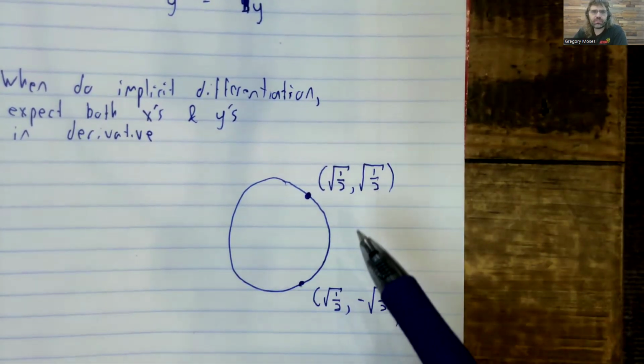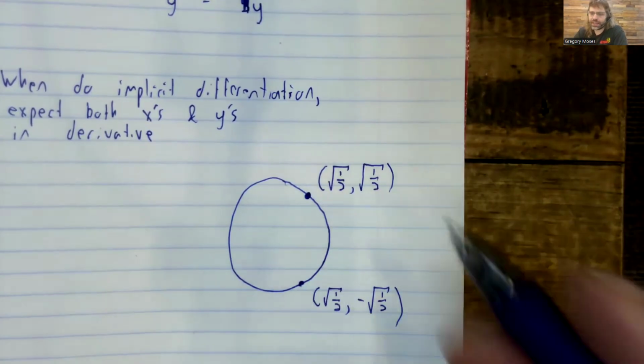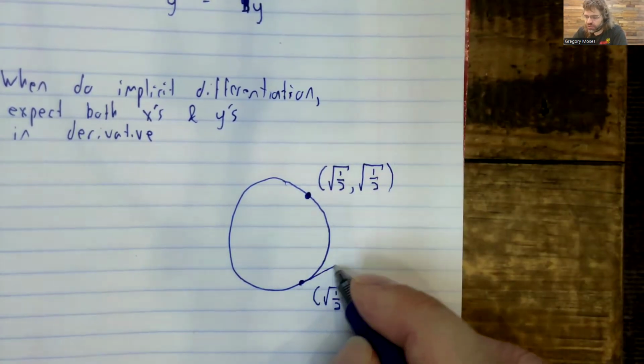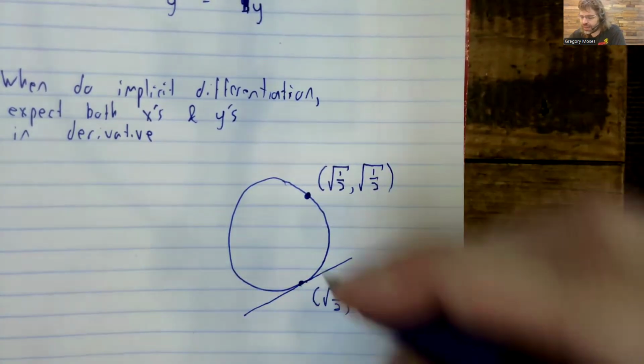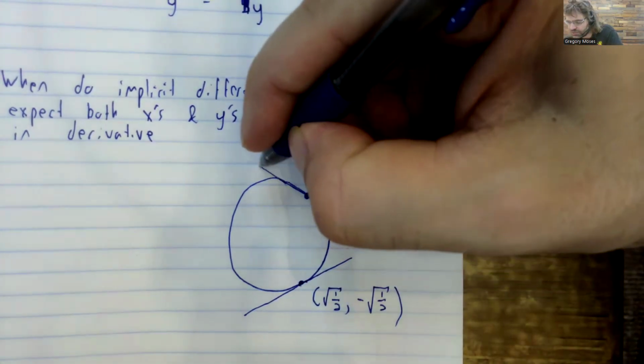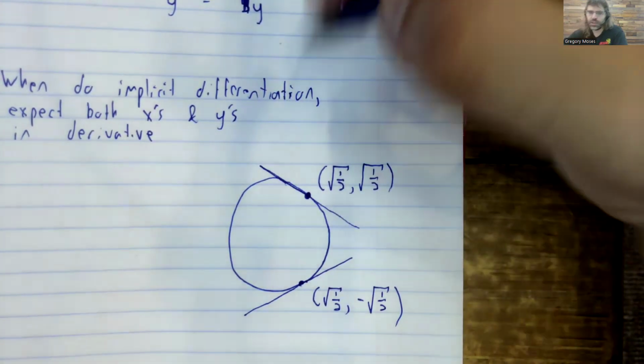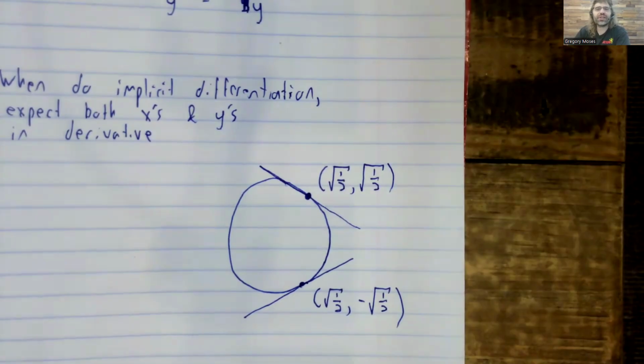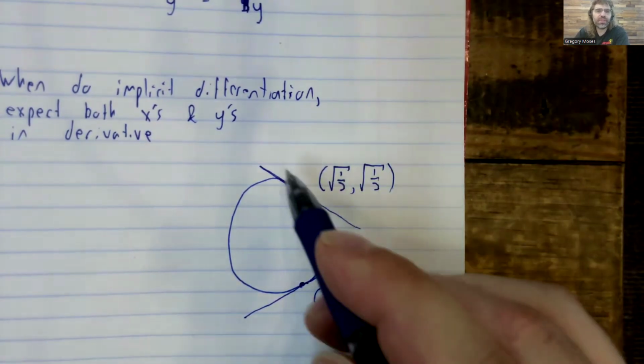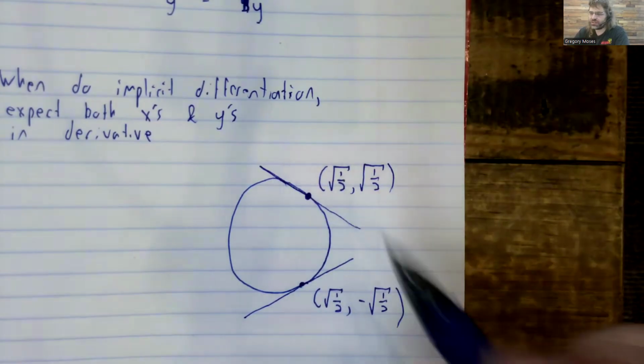And just looking at this picture and sketching in the tangent lines, you can see that they have different slopes. One of them has a positive slope, the other has a negative slope.